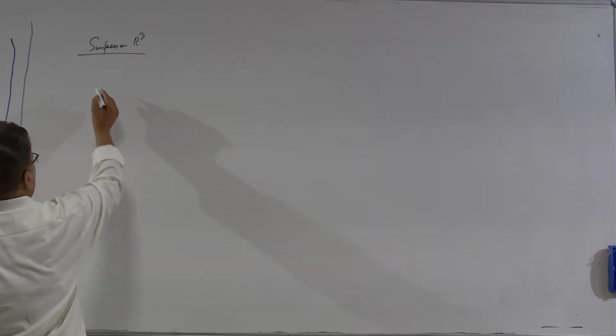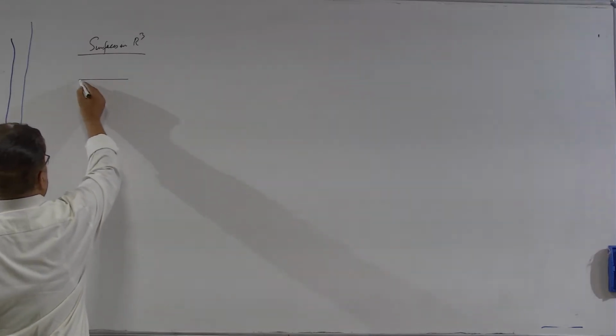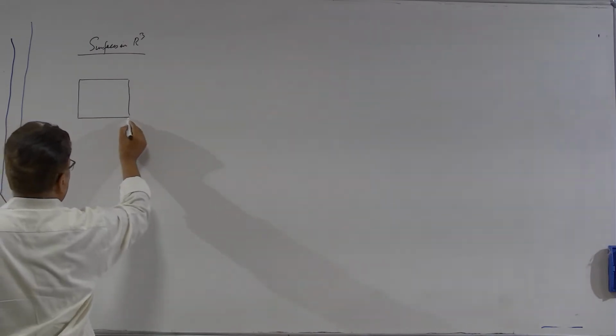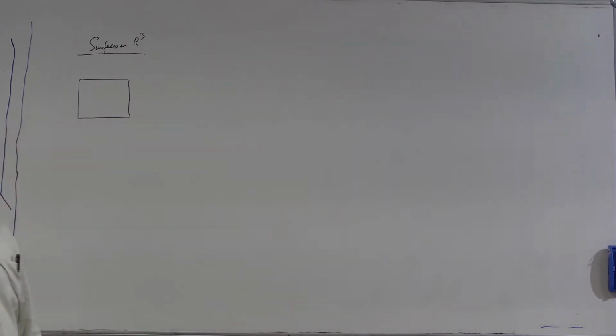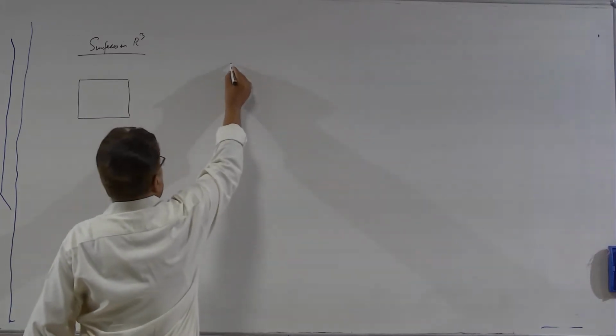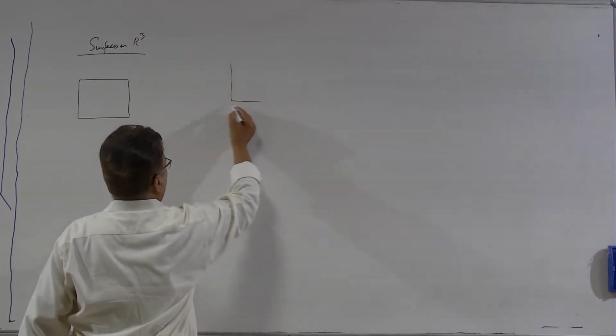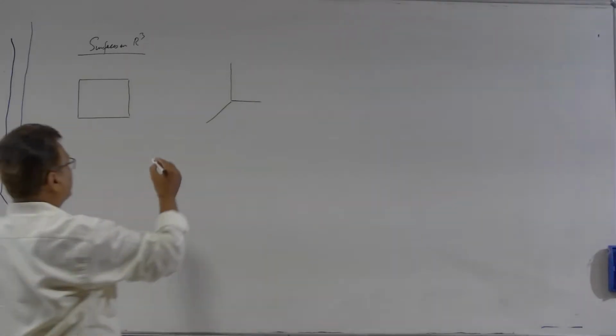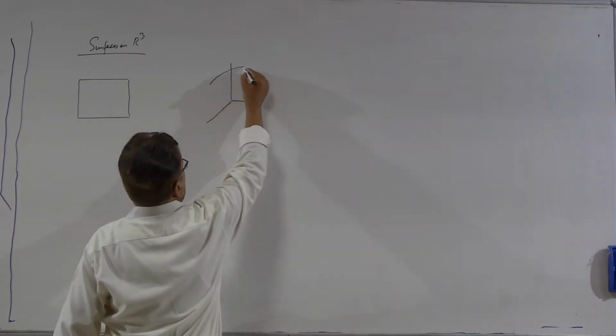Suppose I give you a closed rectangle. This rectangle is a subset of R2. If you pick it up and deform it, this deformed shape of the rectangle will not be an object inside a plane, it will be an object inside R3.